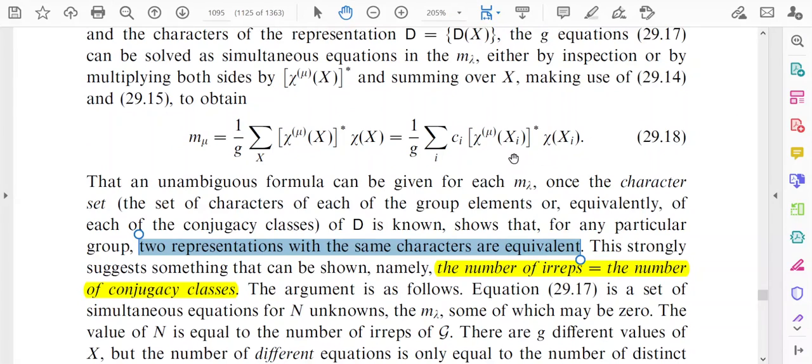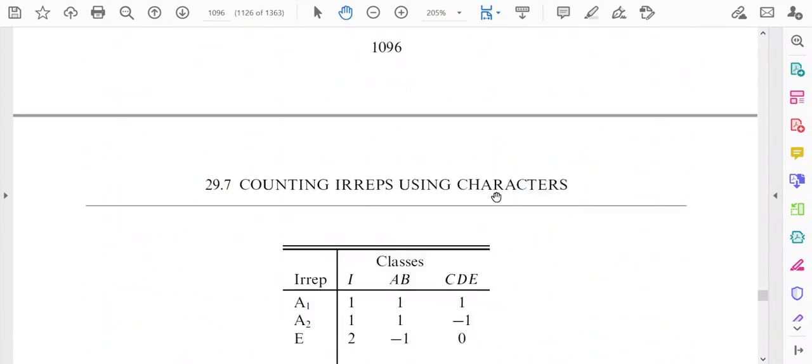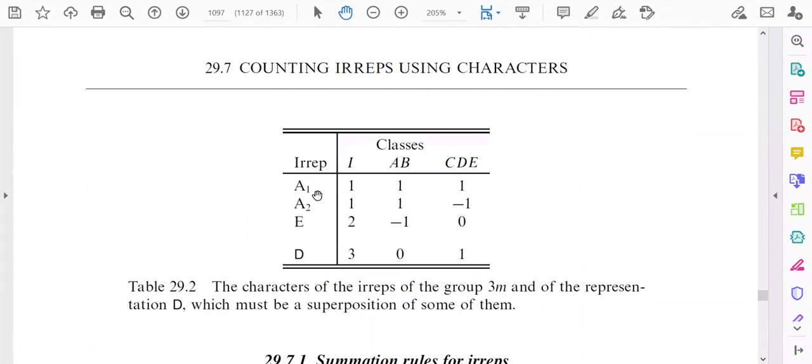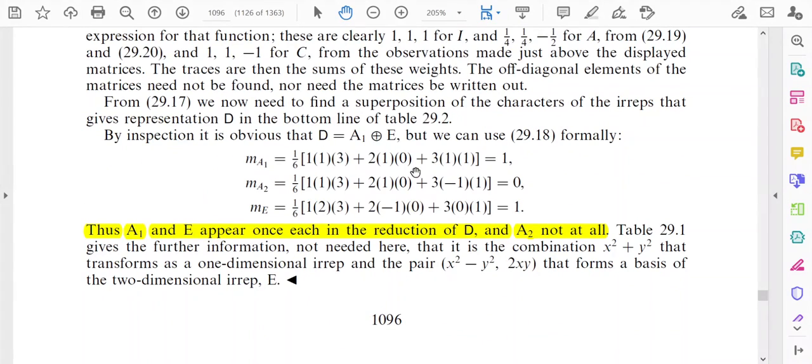So we are considering the A1 representation, so mu will be A1, and we multiply with the representation that we have just obtained. So the multiplication will be with characters. For example, if you consider A1, then the product will be 1 into 3, then 1 into 0, then 1 into 1. Ultimately you are obtaining 1.